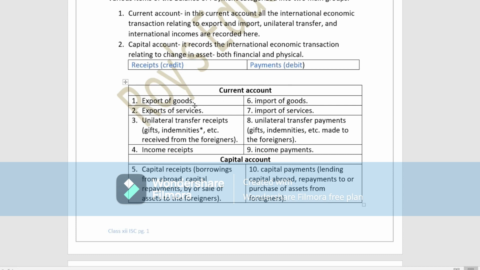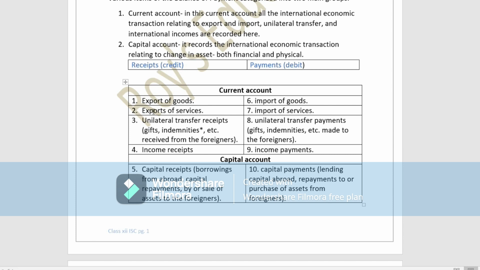That means when we are exporting goods, we are receiving payments. And when we are importing goods, that means we have to make payments. When we are buying something, we are making the payment, and when we are selling something, we are receiving the payment. So selling here means export and buying something means import.